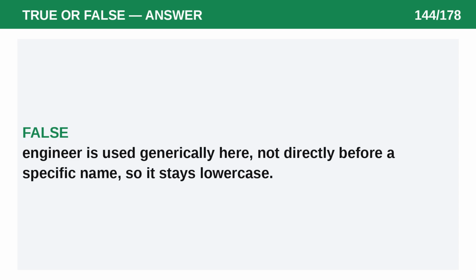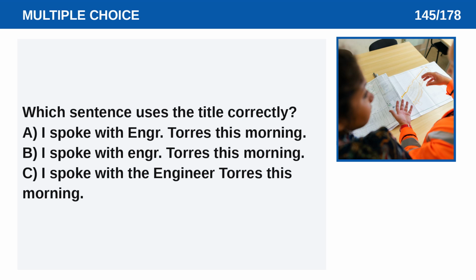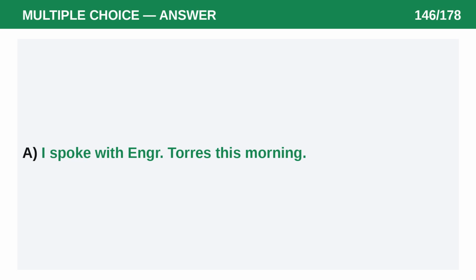Engineer is used generically here, not directly before a specific name, so it stays lowercase. Which sentence uses the title correctly? The correct answer is I spoke with Engr. Torres this morning.